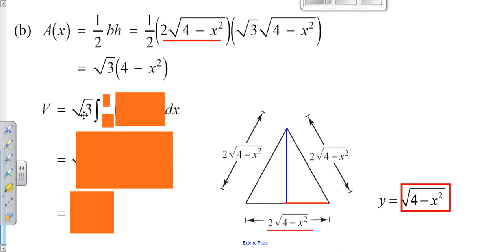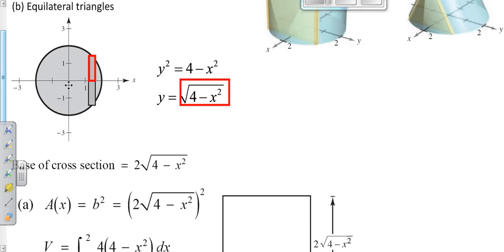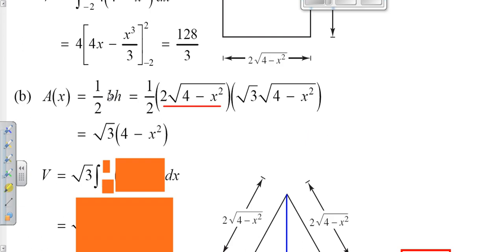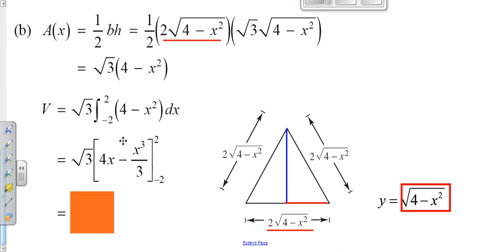Whether you have your root 3 before or after the integral sign doesn't make a difference. When we look up here, we're still going from -2 to 2 for our x's. Then we're going to have our 4 minus x squared here. And now all we have to do is just our normal integration. Increase your exponents by 1, plug in 2, minus what you get when you plug in -2.